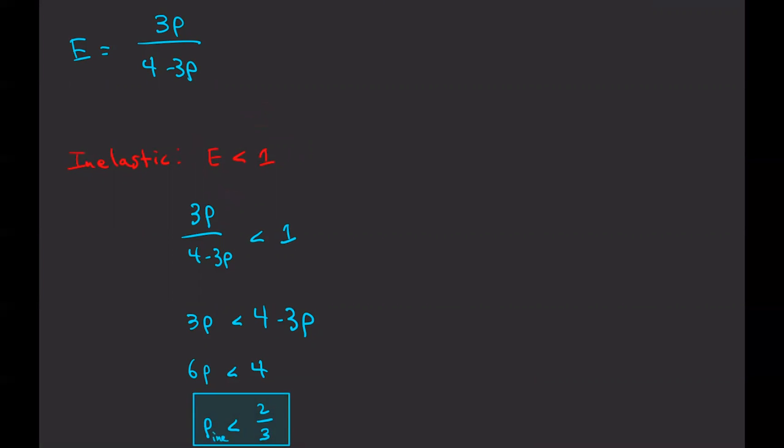And then likewise, we could say, hey, elastic, E is going to be greater than 1. Well, it's basically the same exact work that we did here, just the sign of that inequality is flipped, and you get P, I'll label it P sub E for elastic, is greater than 2/3. And again, no units or anything like that for now, but yeah, that would tell us where our good is elastic versus inelastic right there.